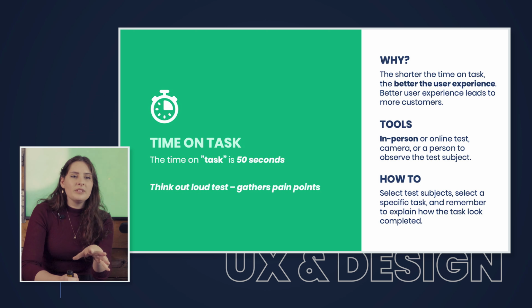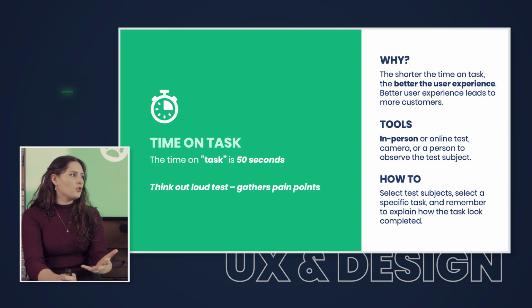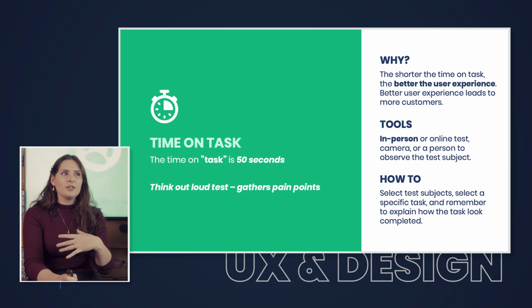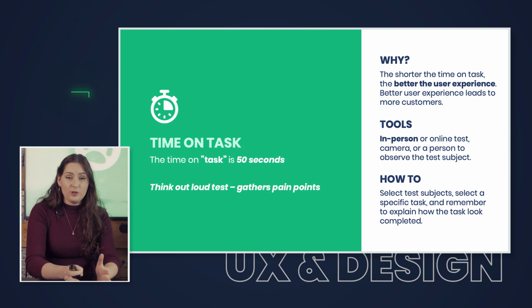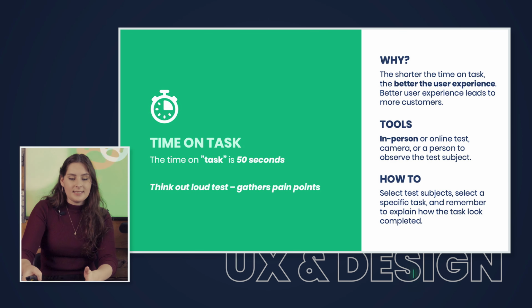But I think what is really important about this UX metric is that if you know the amount of time it takes for the user to perform that task, it's so important to know why they are struggling. So doing a think out loud test here, looking into what the pain areas are. So basically, as you sit that person down, you say, this is the task.